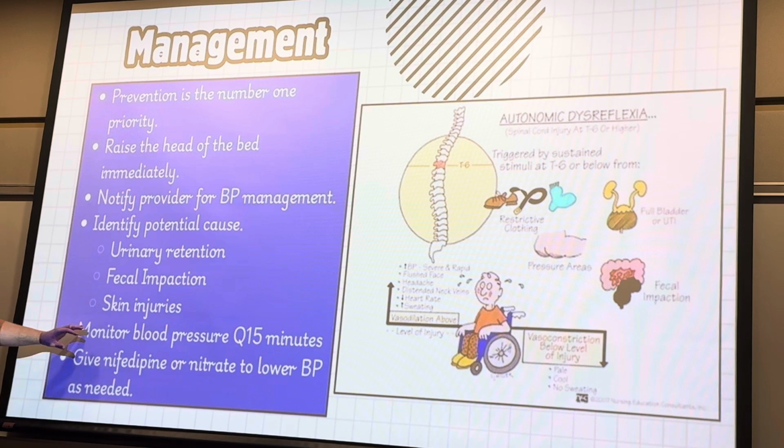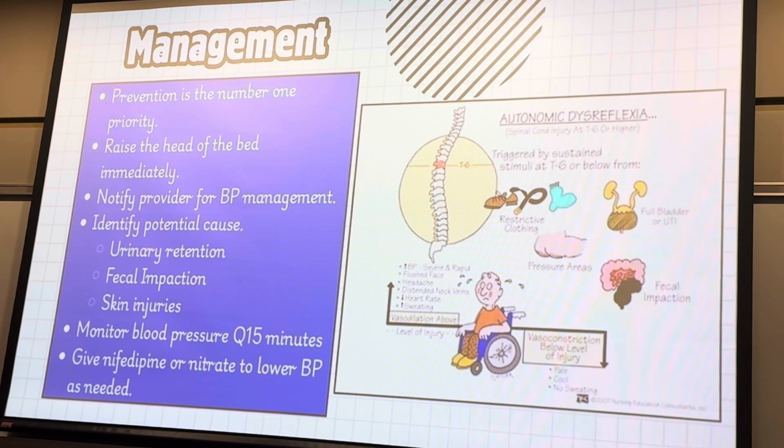Skin injuries, that big skin assessment. Make sure their limbs are not hanging on the side rails, not touching the side rails. Make sure the testicles are not twisted, that you don't have testicular torsion. Make sure there wasn't some type of sudden increase in temperature within the room or within your patient. Let's fix that.